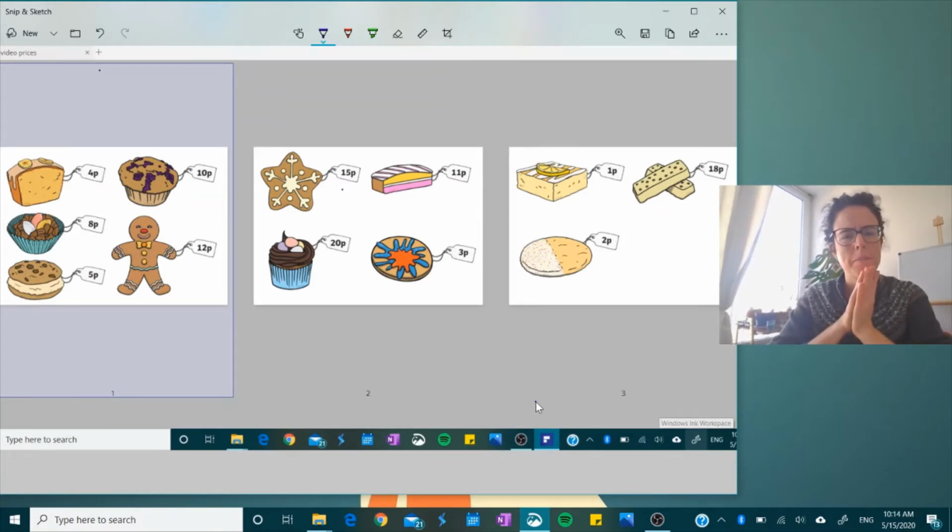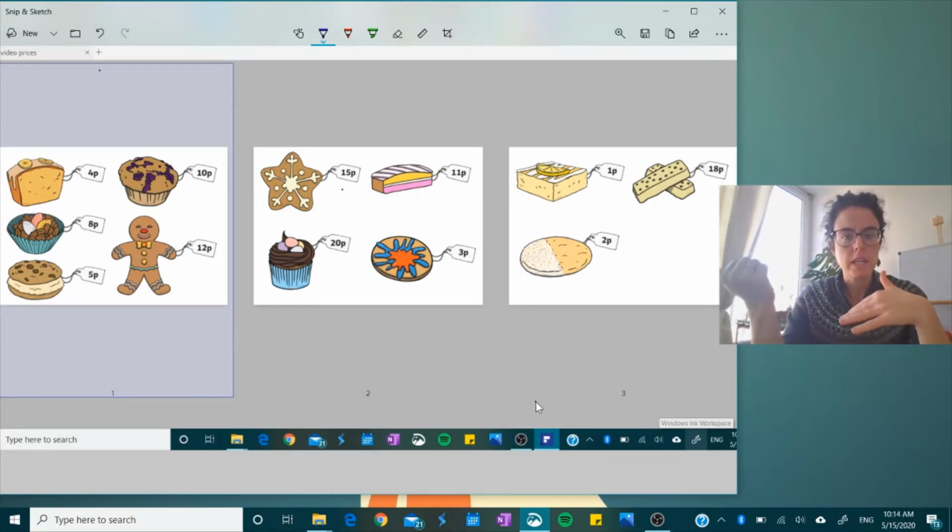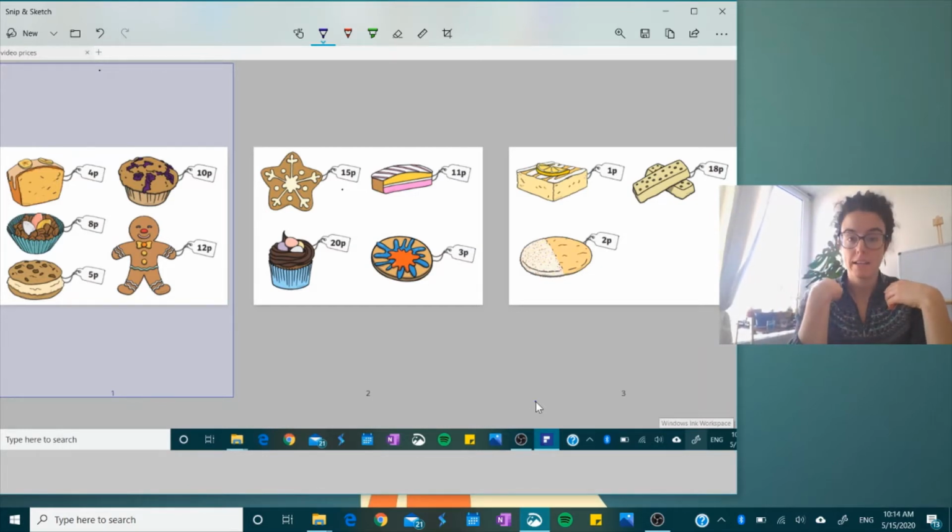What do I mean by the change when you go shopping? Well, let's say that you buy something and it's 5 pesos or 5 whatever. But in your pocket, you only have 10. Well, you have more money than the cost, so you give them 10, they need to give you money back.